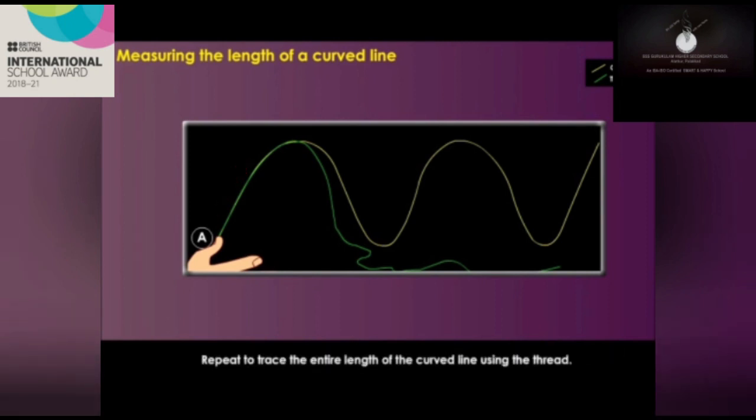Repeat to trace the entire length of the curved line using the thread. Mark the thread where it touches the end of the line. Now stretch out the thread on a meter scale and measure its length. The length of the thread is the length of the curved line.